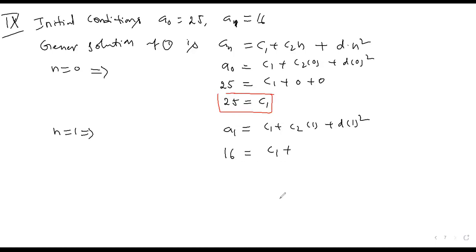So 16 equals 25 plus c2 plus d. Therefore, 16 minus 25, which means minus 9, equals c2 plus d. Here we got c2 plus d.